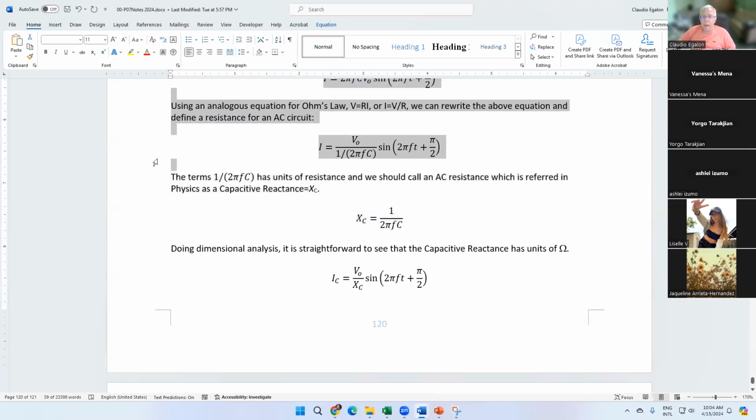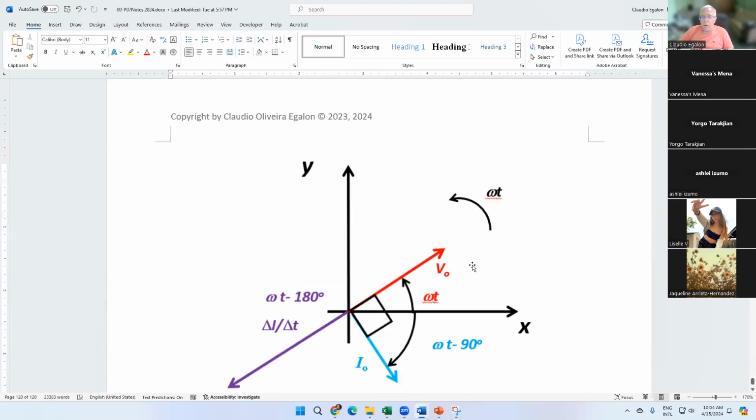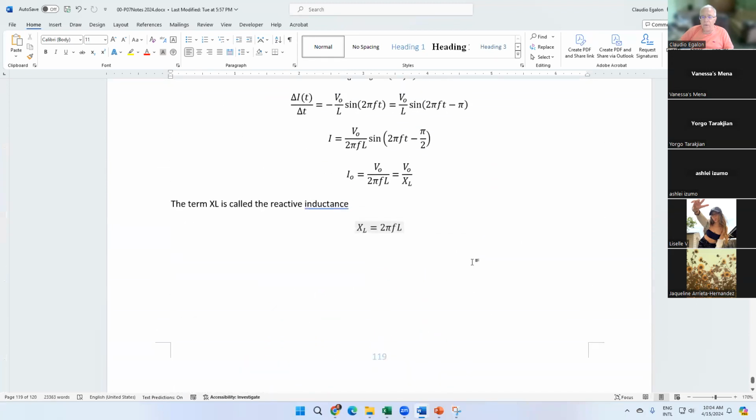Yeah, I'm going to write down reactance, okay? This reactive inductance also has units of resistance.